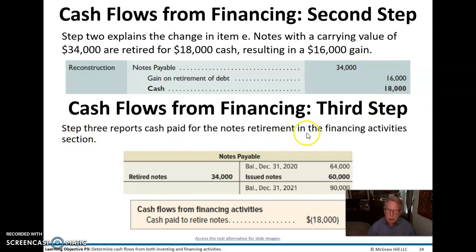Now, the third step here, we're going to take a look at the cash paid for notes retired in the financing activities section. So here's our T account for notes payable. We retired that notes payable. That's going to reduce it by $34,000, but we're going to issue $60,000 additional notes. So this $124,000 offset by that $34,000 gives us an ending balance of $90,000 and a nice little cash bump here of $18,000.